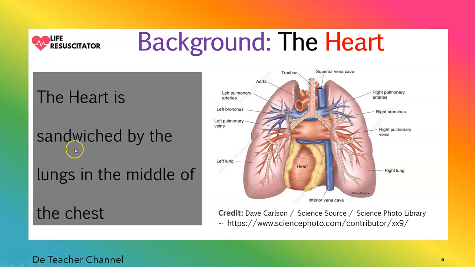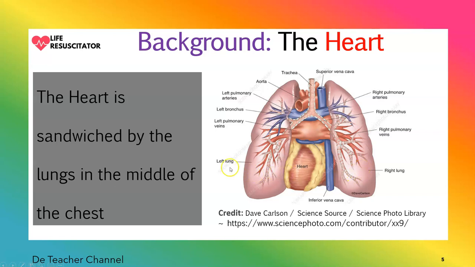So the heart is sandwiched by the lungs in the middle of the chest. You can see again, credit goes to this source. You can see the heart is flanked on the left and on the right.